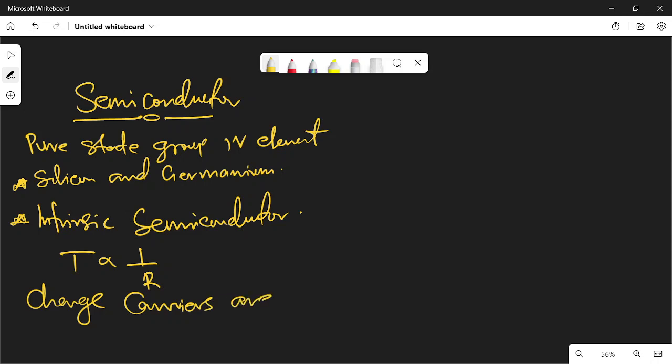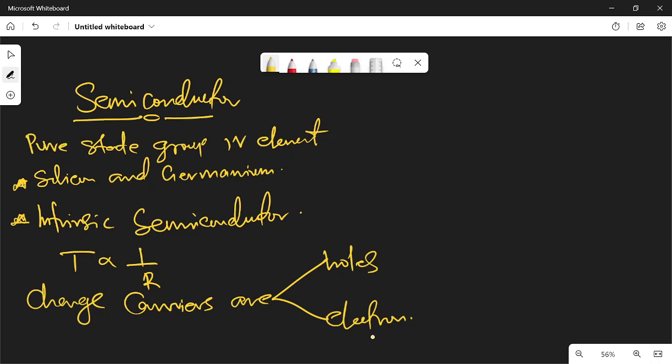Holes and electrons. Remember, an electrolyte is a conductor whose charge carriers are ions. When you have a conductor like a pure metal, the charge carriers are electrons.